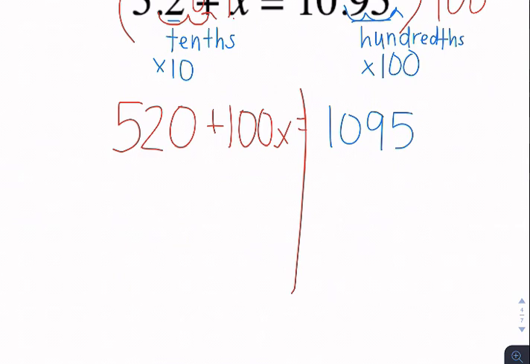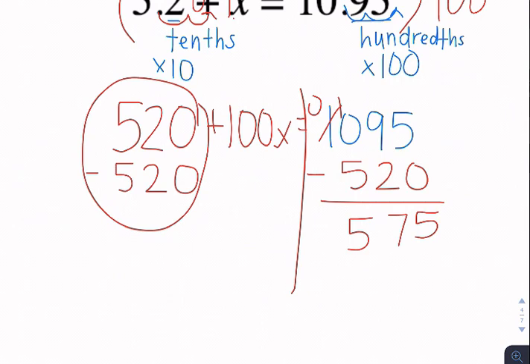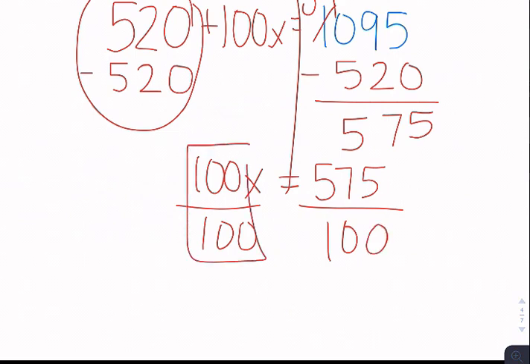I need to take away 520 from each side to get x all alone. Still getting the same numbers, except for now they're whole numbers instead of decimals. This makes a 0 pair. I'm left with 100x equals 575. All right, now I need to divide by 100 on both sides to get 1x, because I just want to know 1x.